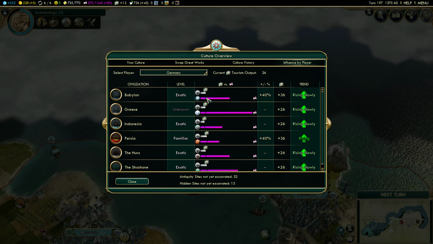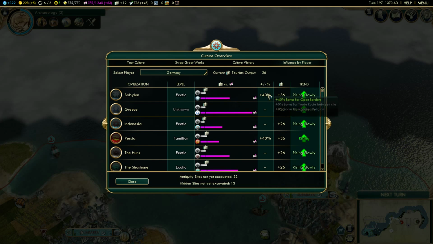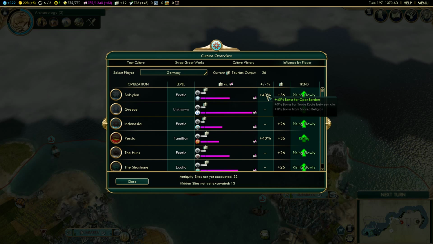That means that to defend you can increase your culture output, but you can also just increase your tourism output. They're usually interconnected. And you can defend yourself by denying the opponent open borders and trade routes. Religion is often not that easy, but definitely open borders is something you have a lot of control over.